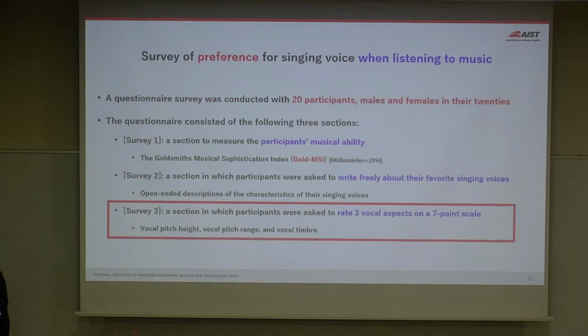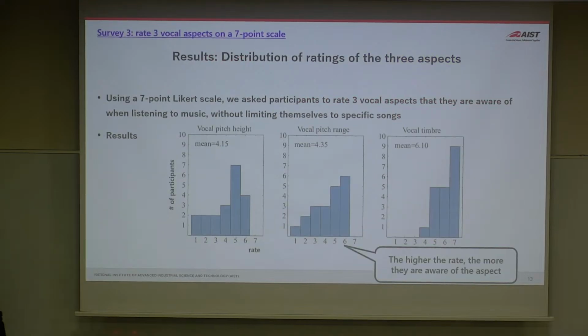In the final survey, participants were asked to rate 3 vocal aspects on a 7-point Likert scale: vocal pitch height, vocal pitch range, and vocal timbre. This is the result. We can see the distribution of ratings of the 3 aspects.